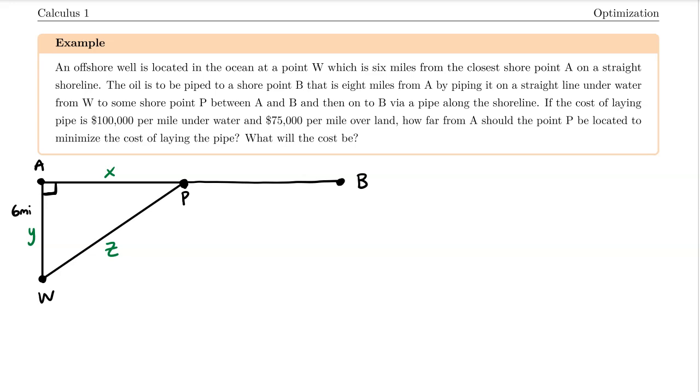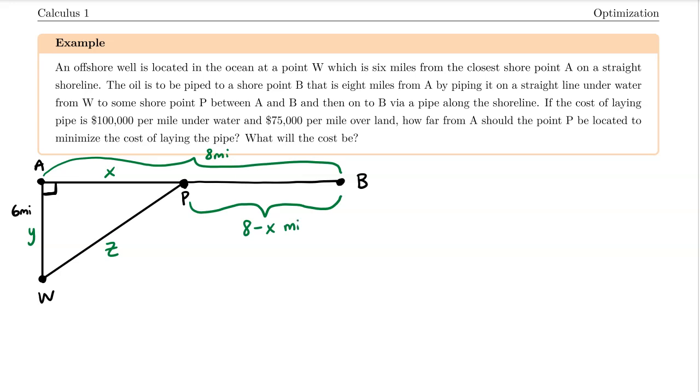I also know that the distance between point A and point B is 8 miles. And so that means that the length from point B to point P has to be 8 minus X miles.